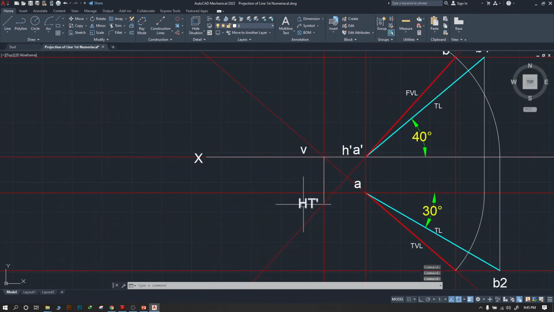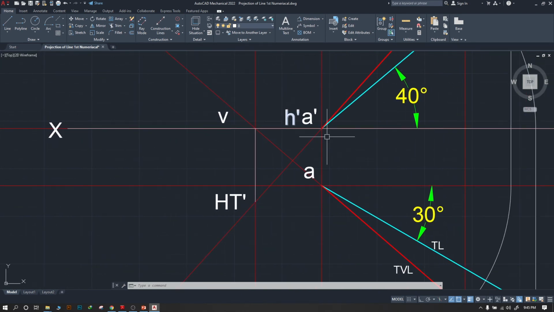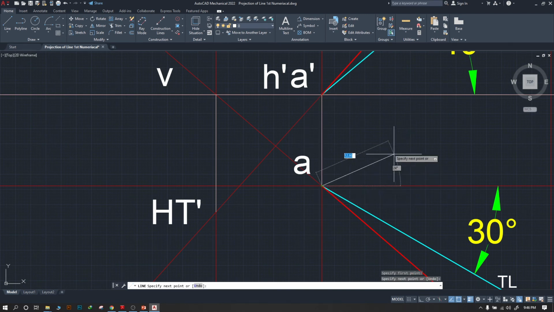Okay, so we have the ht dash, and we know that vt point is on the projector of h dash, but here h dash is already on the xy line, and the vertical line or the projector of the h dash intersects the top view length at the point a. So that's why again our a point and vt are at the same location. So here we will mark that location.